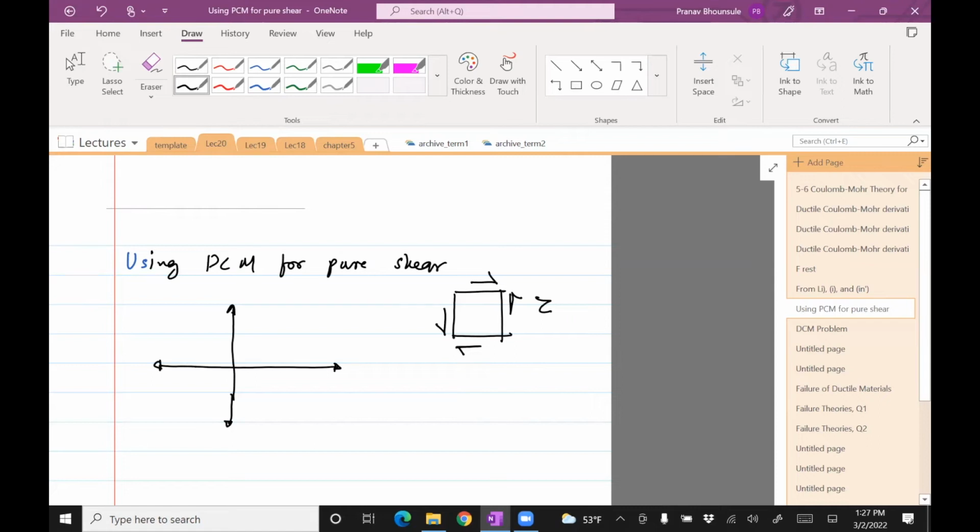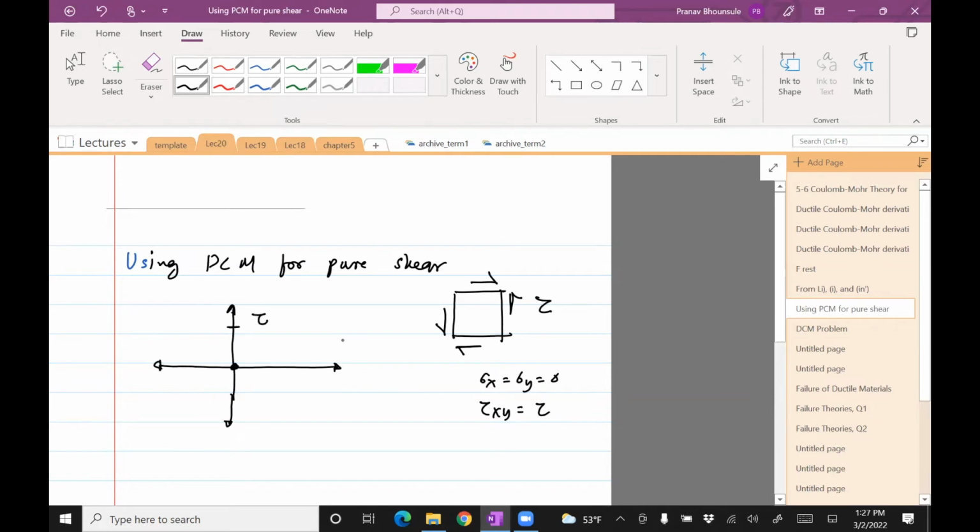So sigma x equals sigma y equals 0, and tau xy is tau. Just like you would do any Mohr circle problem, we have 0, which is sigma x, and that's going to be tau.